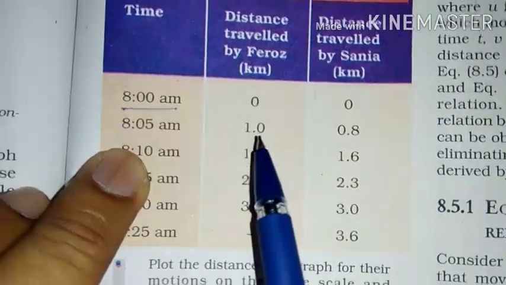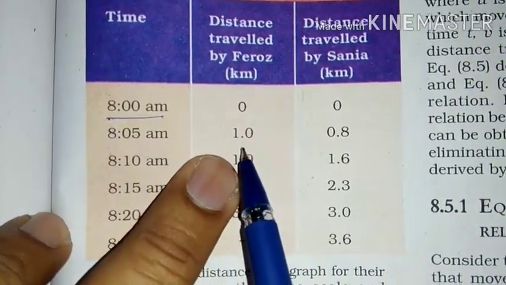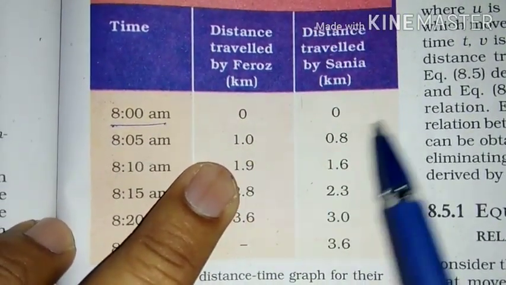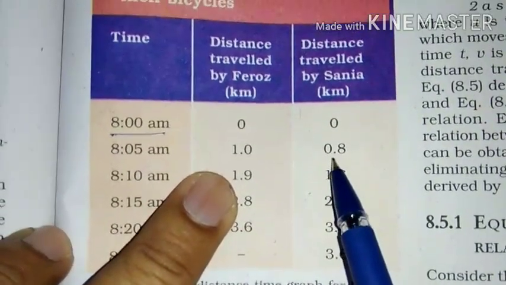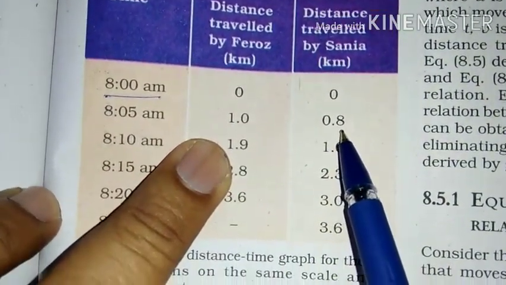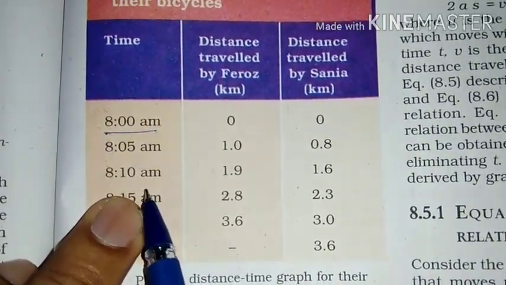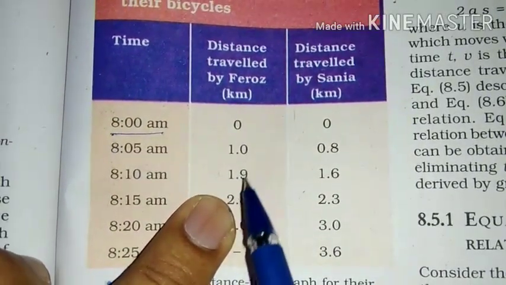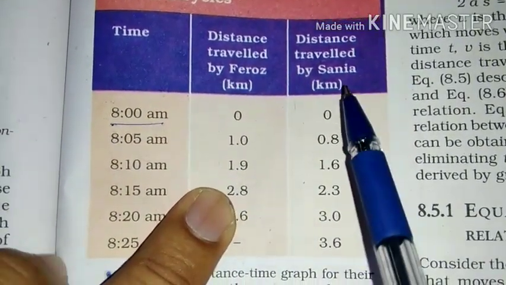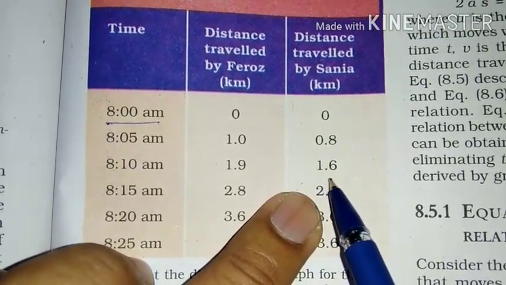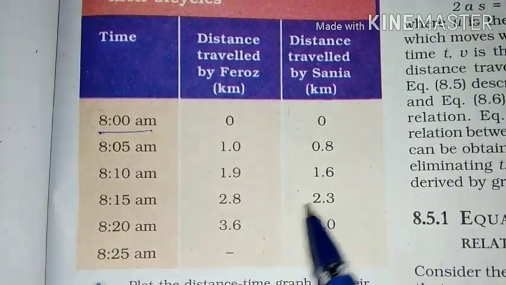Now at 8:05, that is after 5 minutes, Firoz has travelled 1 kilometer distance, but Sania has travelled only 0.8 kilometer distance. Again see, at 8:10, that is after next 5 minutes, the distance travelled from the house of Firoz is 1.9 and from the house of Sania it is 1.6 kilometer.